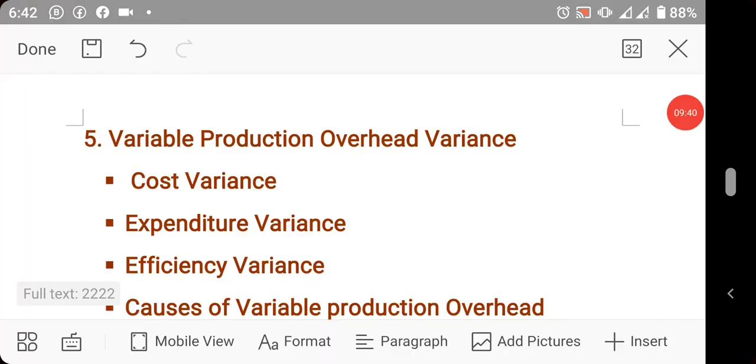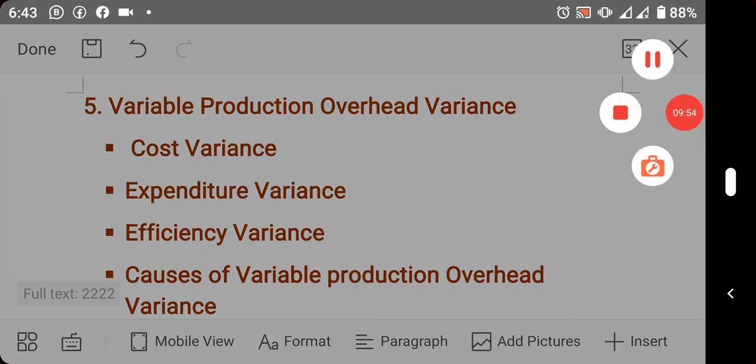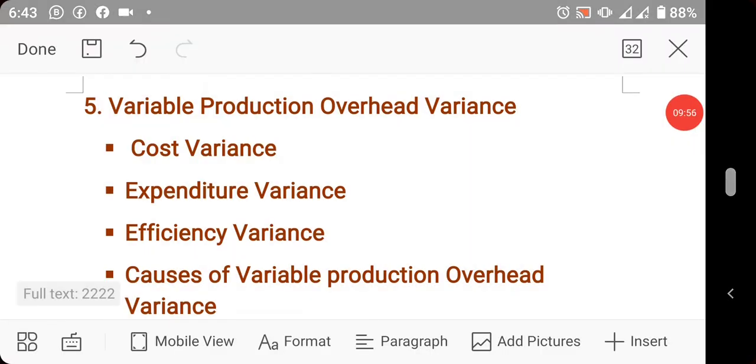Okay, so we'll continue. Variable production overhead variance. We'll be looking at cost variance, expenditure variance, and efficiency variance.